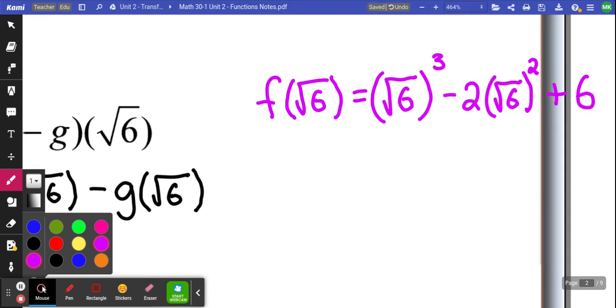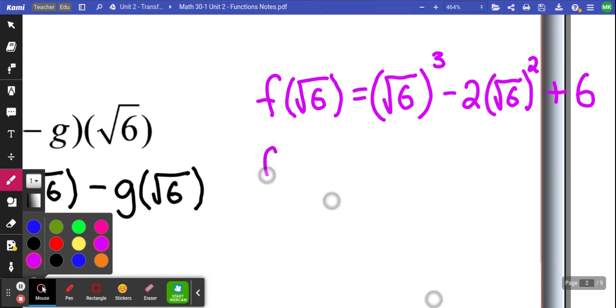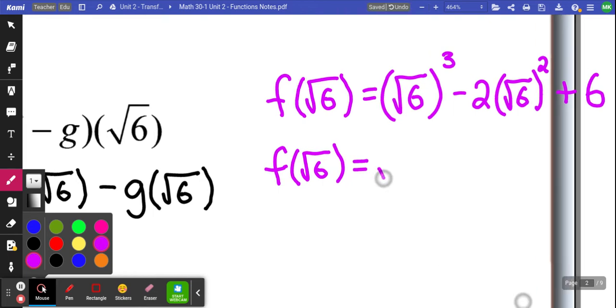Agreed? Okay. You can calculate parts of that, but not all of it. The root 6 cubed, I can't calculate, so I'm going to leave that as root 6 cubed. I'll let the brackets go away.